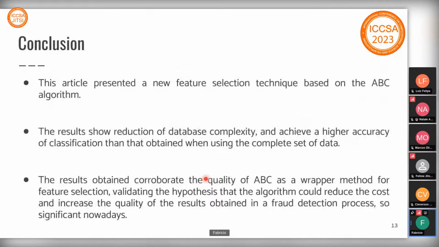So this article presents a new feature selection technique based on the ABC algorithm. The results show a reduction of the database complexity, which is good, and achieve a higher classification accuracy in a few scenarios than that obtained with the complete data set.